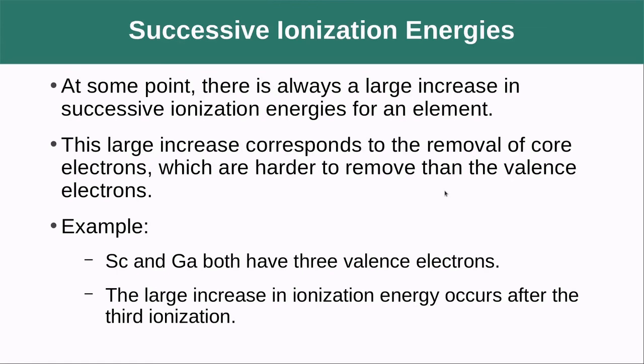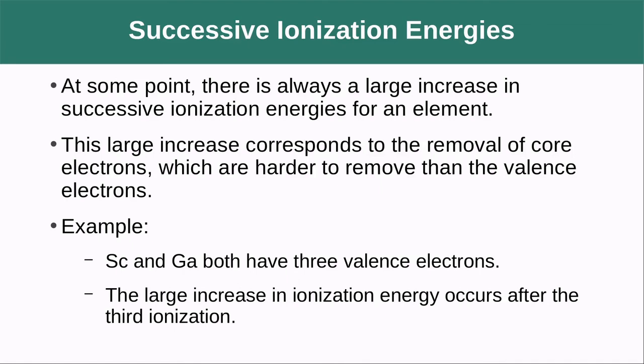At some point, there is always a large increase in the successive ionization energy for an element. This large increase corresponds to the removal of a core electron. These are harder to remove than your valence electrons. An example here is that scandium and gallium both have 3 valence electrons. There's a large increase in the ionization energy that occurs after the 3rd ionization energy.